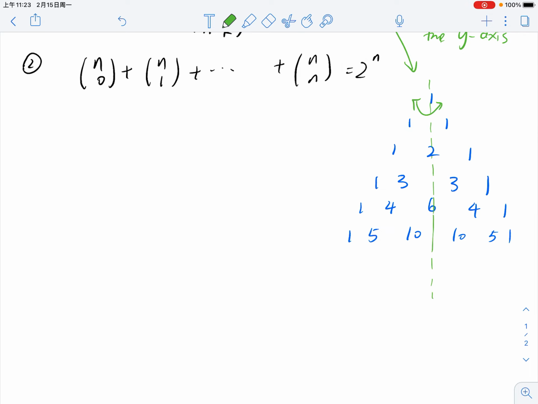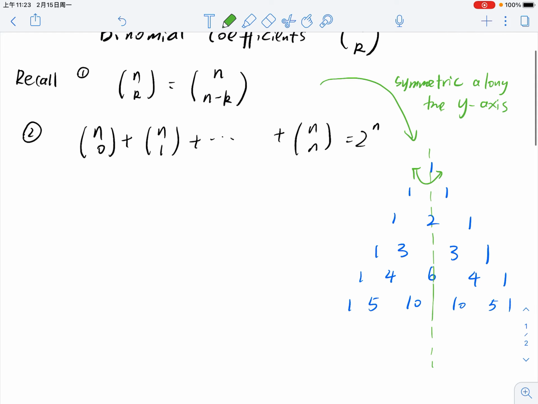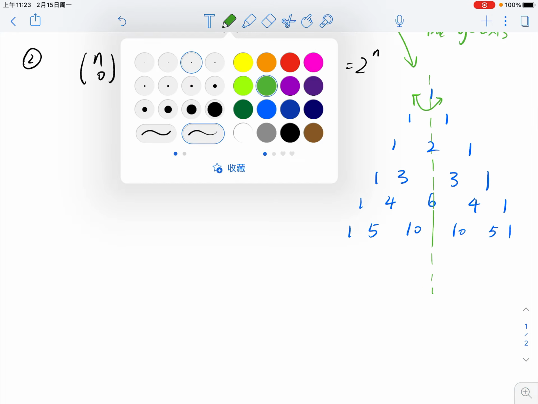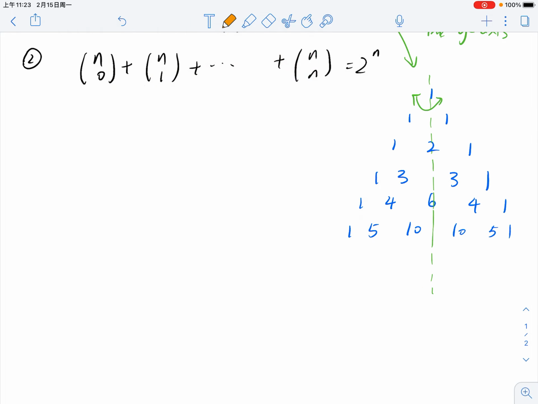You reflect along the y-axis or the center line, you get the same picture. The second one means the summation. So here is 2 squared. Summation is always a power of 2.